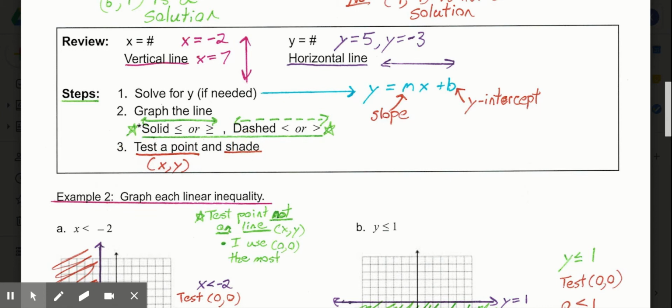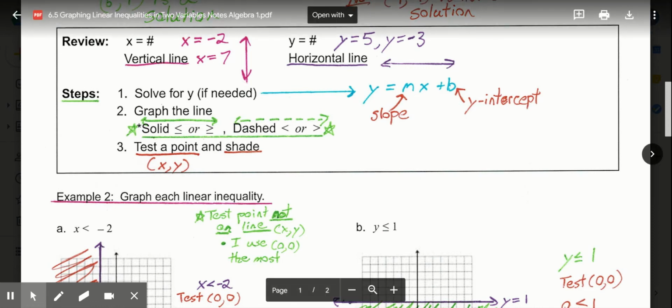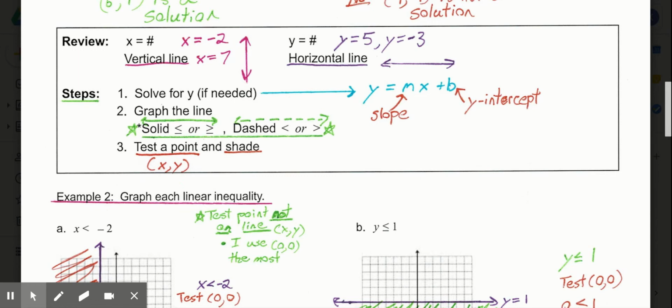We will be shading the whole range of possible answers, because with an inequality our answer is not just a line, it is a whole range of values, as you will see. The way we test it is we plug in an ordered pair, which you will see in the examples below.